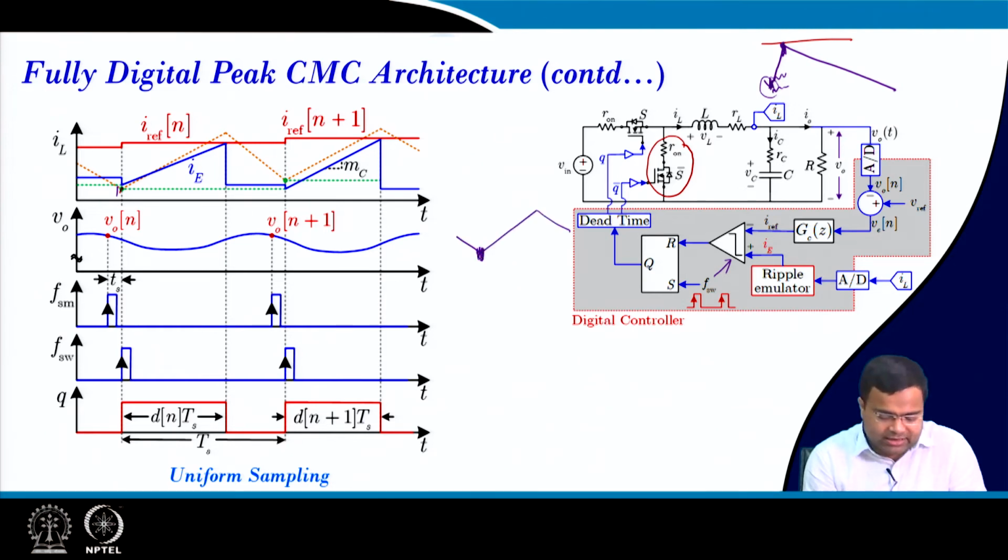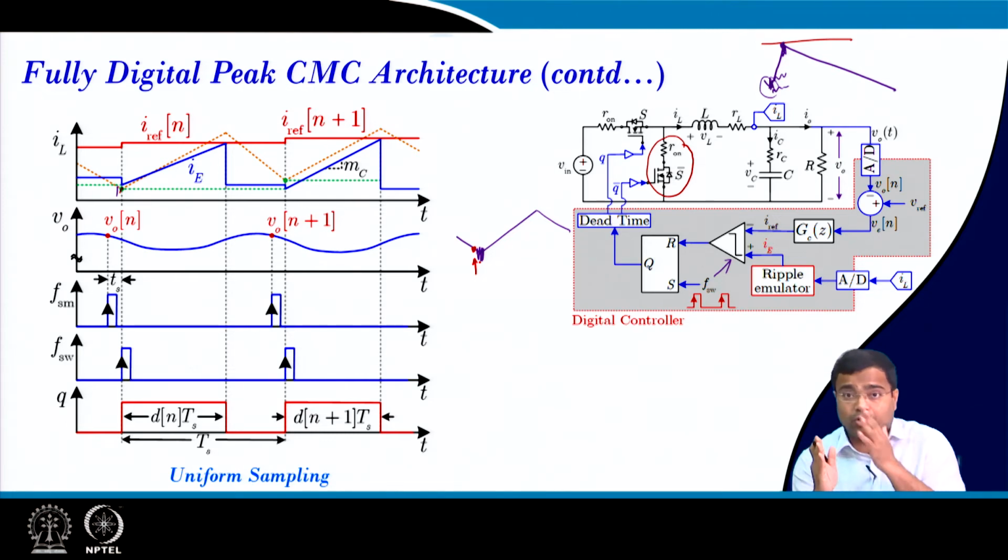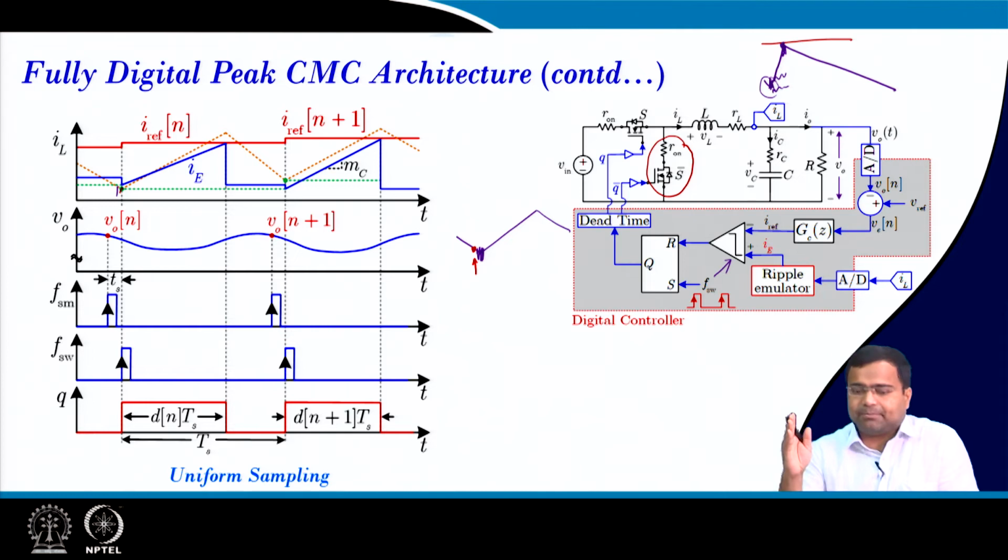Even though there is noise, I can capture the sample here, before the switch turns on. So, I am getting a clean sample, and then I can add the ramp.